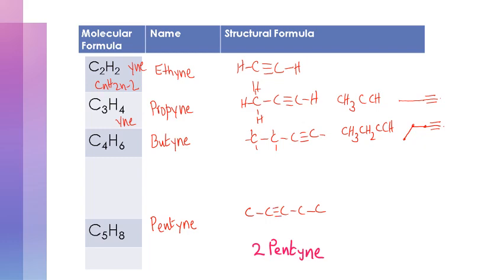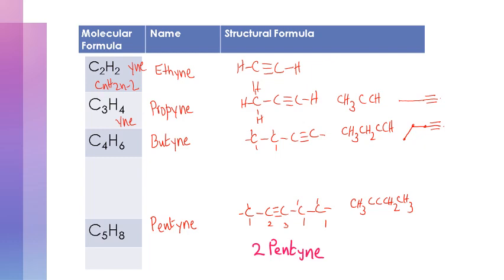Let me put it here. So here 1, 2, 3, and here 4, 5, 6, 7, 8. These two carbon atoms, the second and third carbon atoms, already have 4 bonds around them. So what is going to be the condensed formula? I have CH3, I have carbon and another carbon, and CH2 and CH3.